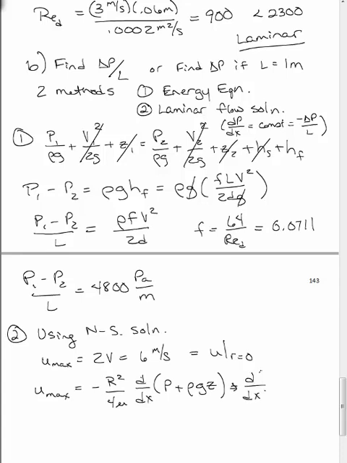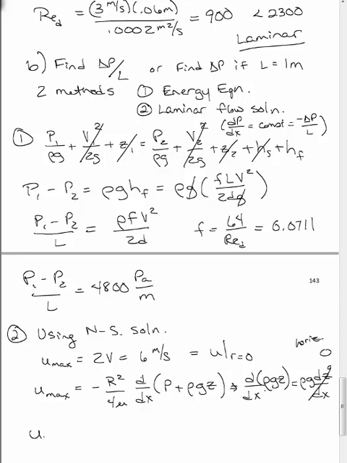d/dx of rho gz, well, we don't have any slant. It's horizontal. So that is equal to rho g dz/dx, and that dz/dx is 0 because it's horizontal.